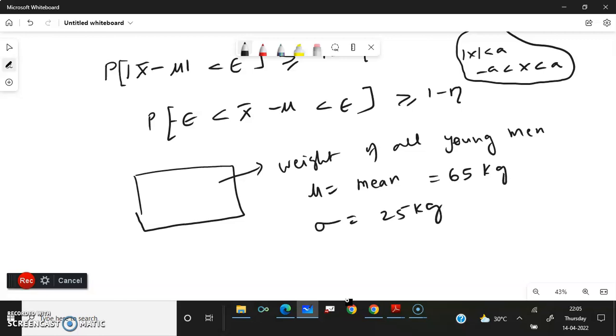So we are taking a city and the weight of all young men. To understand the law of large numbers, beyond the previous explanation, we'll try to understand it a bit more.